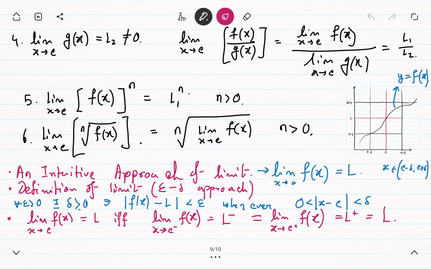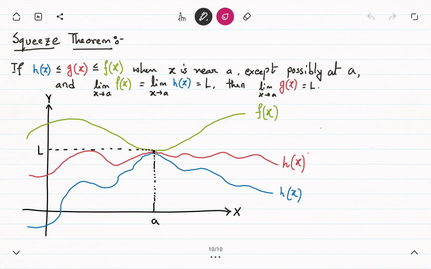I'm coming to that, but before going to the problem, we'll discuss an important theorem from a problem solving perspective, that is the squeeze theorem.